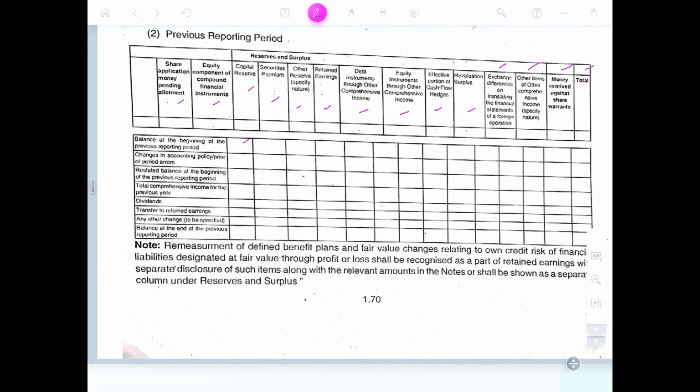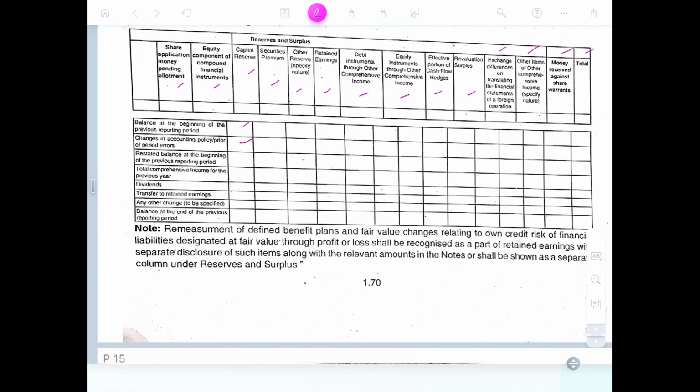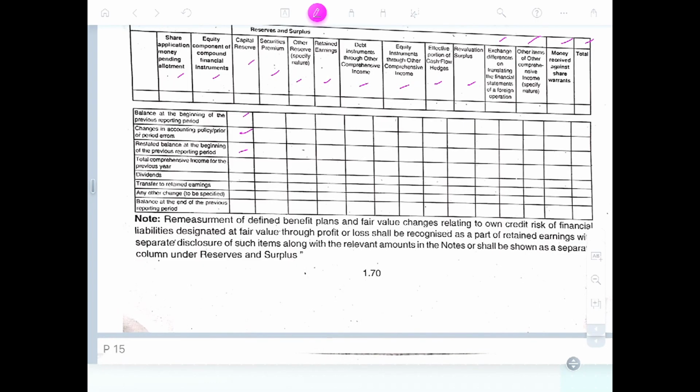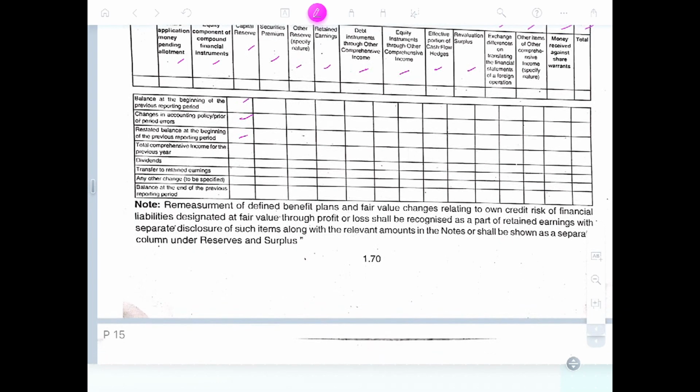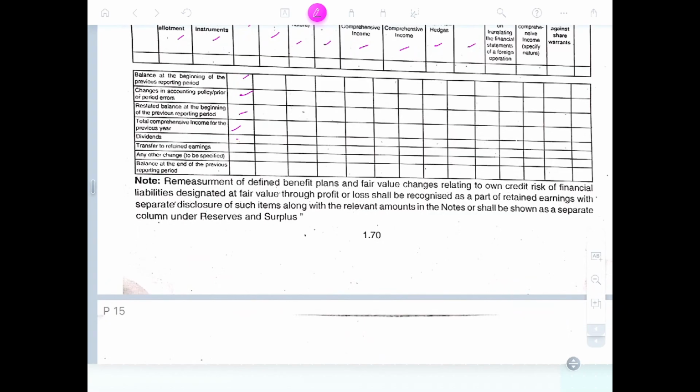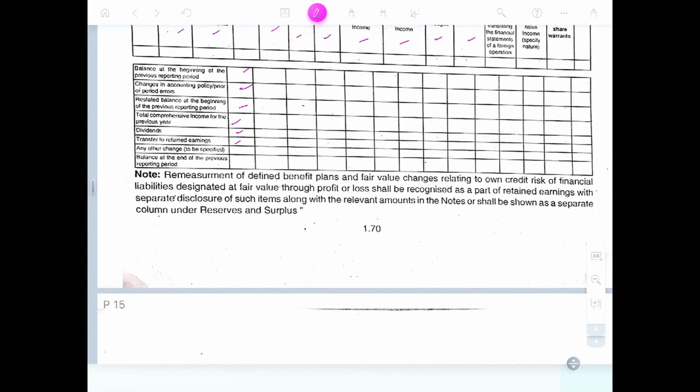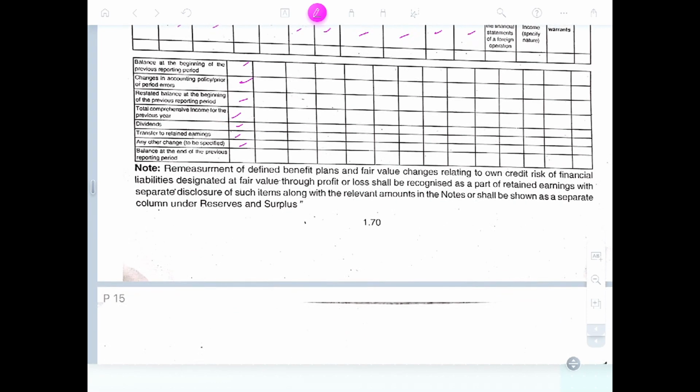Balance at the beginning of the previous year, changes in accounting policy or prior period errors, restated balance at the beginning of the previous reporting period, total comprehensive income, dividend, transfer to retained earnings, other changes to be specified, balance at the end of the previous year.